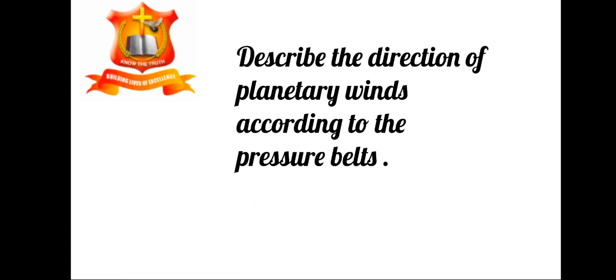In the northern hemisphere, the westerlies blow from the southwest and in the southern hemisphere from the northwest, between subtropical highs and subpolar lows. Polar winds blow from the east in both hemispheres, between polar highs and subpolar lows. I hope you understood it.